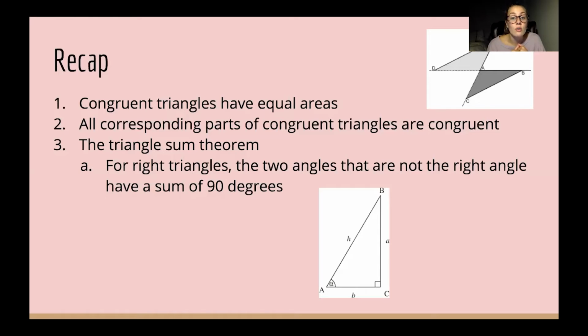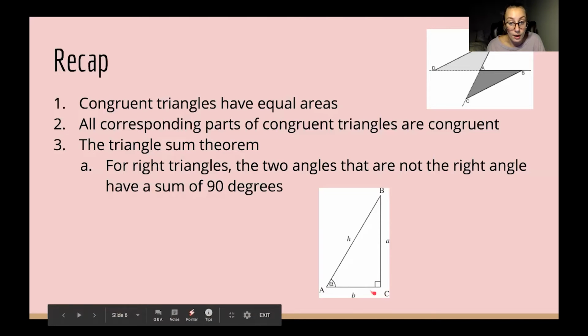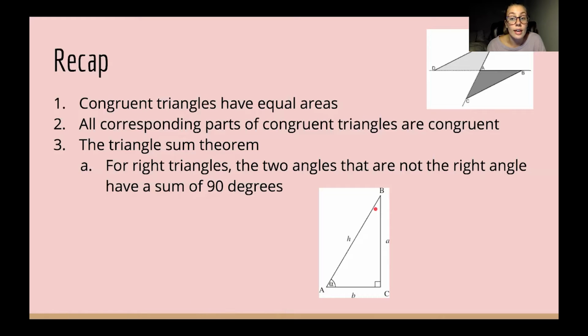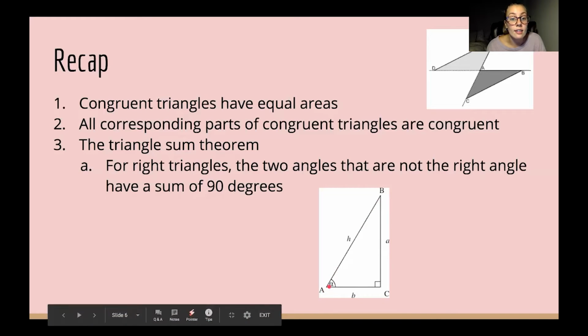So that's what the triangle sum theorem is saying. For right triangles, which have our right angle, the two angles that are not the right angle, so our B and our A, have the sum, so added together, of 90 degrees, making this triangle 180 degrees in total.